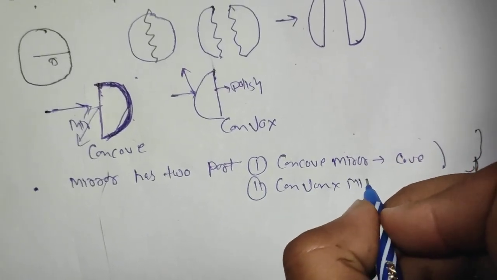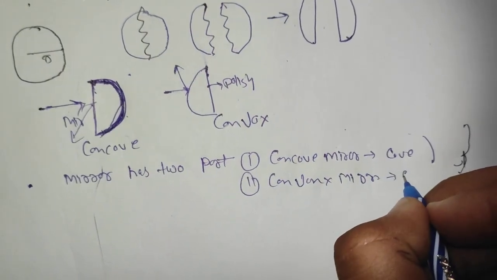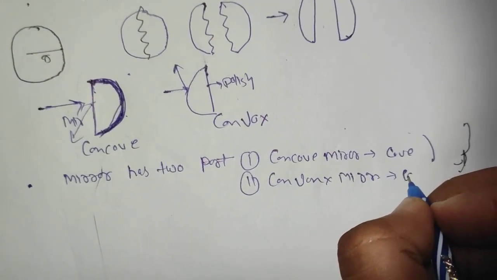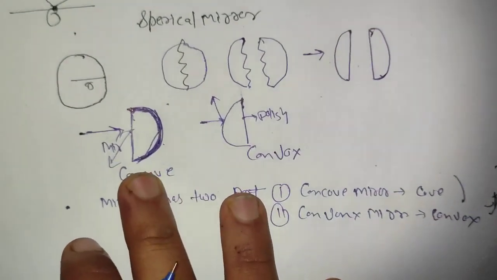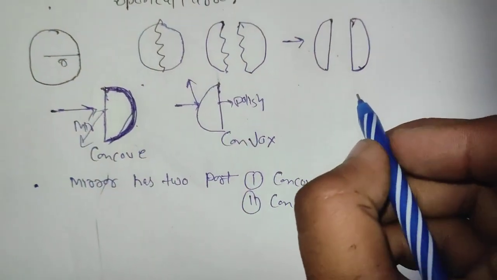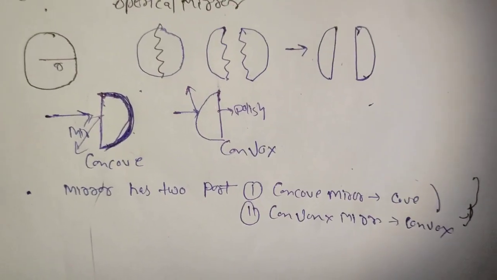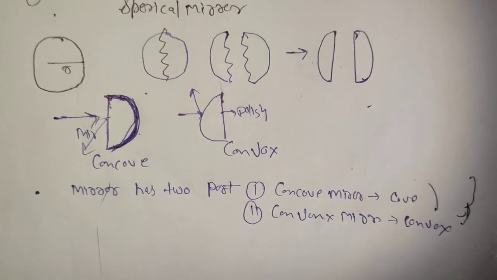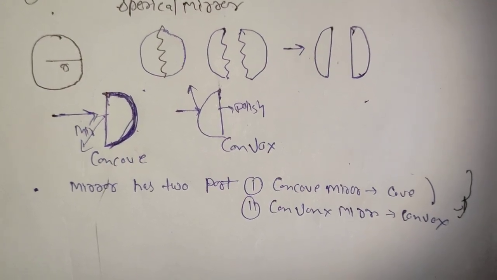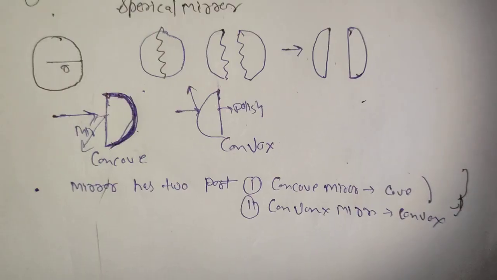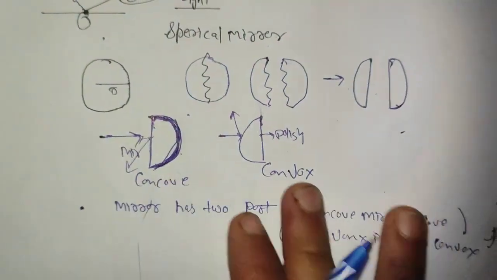Don't memorize this, just understand the topic. Imagine a spherical mirror cut into two parts. The first is a concave structure where the light is reflected, and the second is convex. This is the 2D, then the 3D diagram.